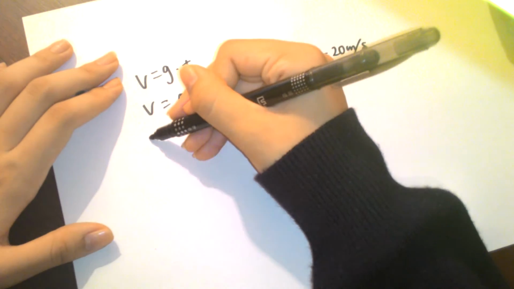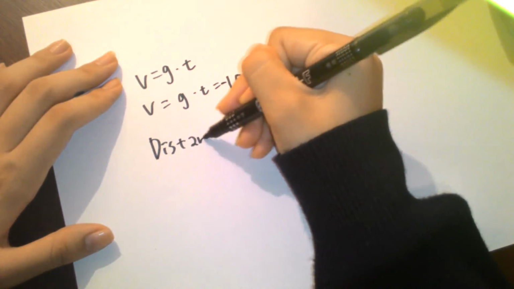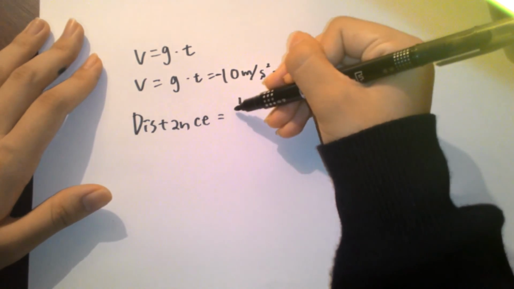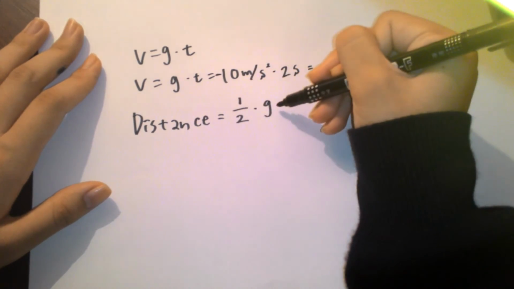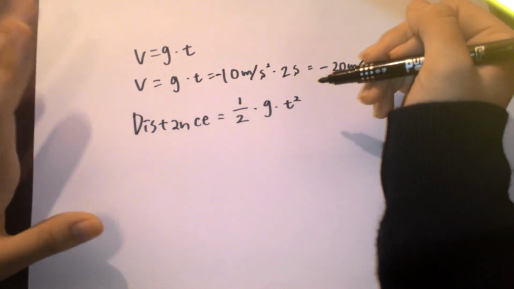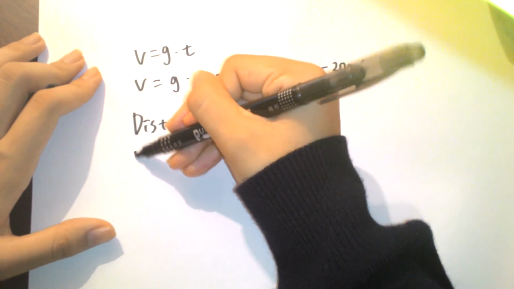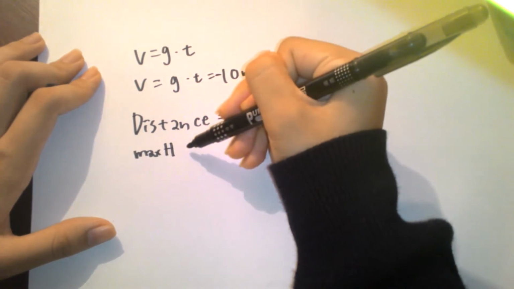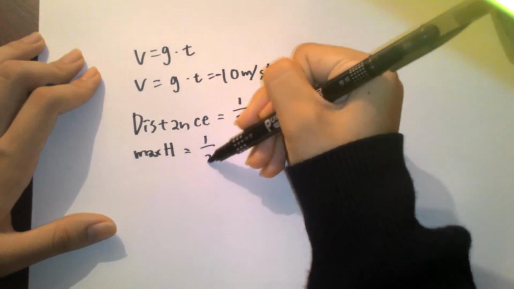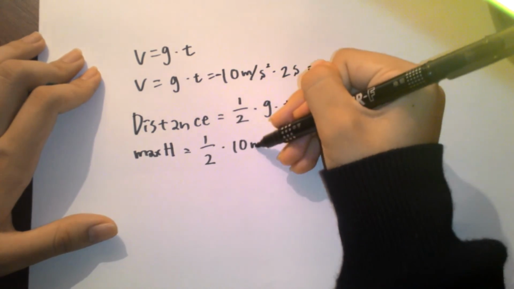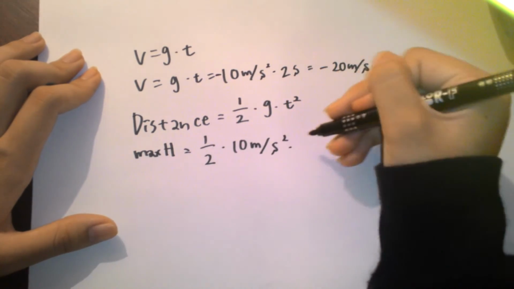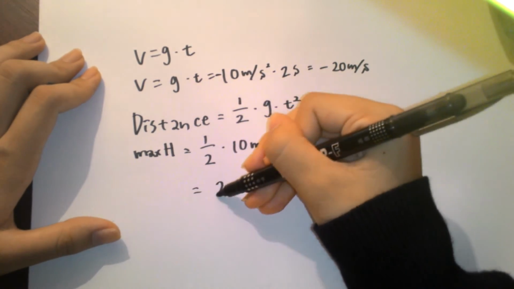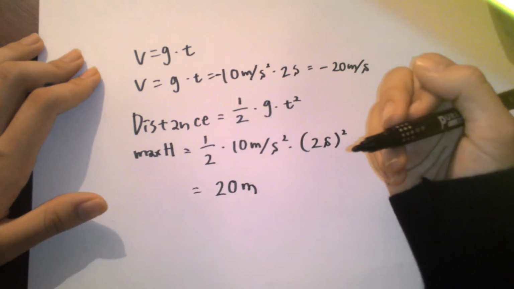So distance. The formula is 1/2 times g times t squared. So maximum height equals 1/2 times 10 meters per second squared times 2 seconds squared, equals 20 meters.